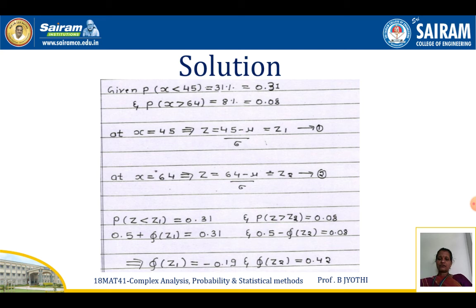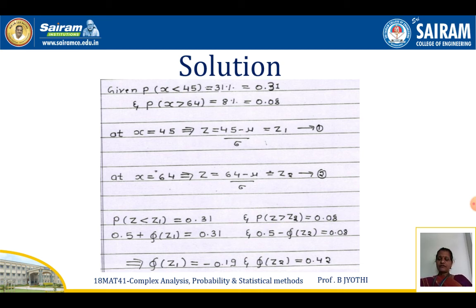So x is 45, which implies z is 45 minus mu divided by sigma, which we will call z1. And here x is 64 in the second case. So z is equal to 64 minus mu divided by sigma. That gives us z2. Let's call this equation number 1.